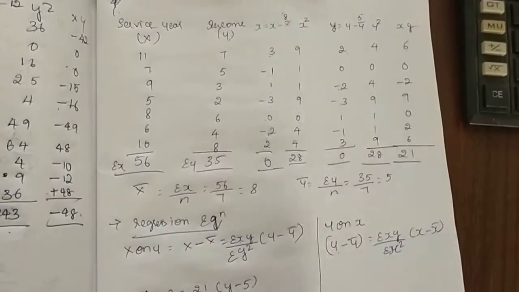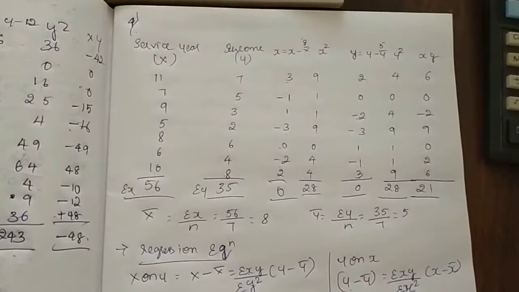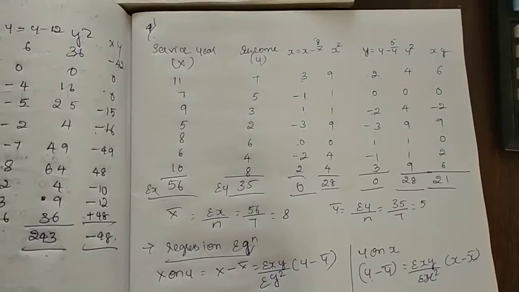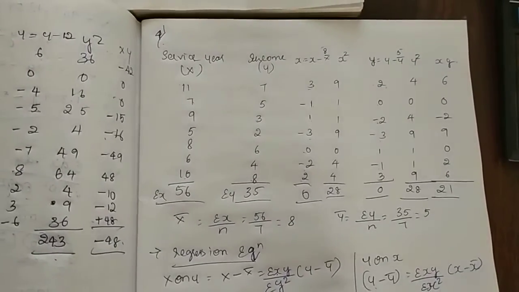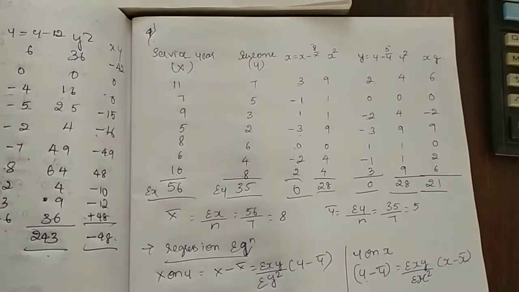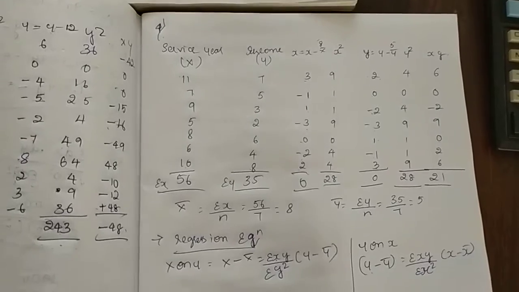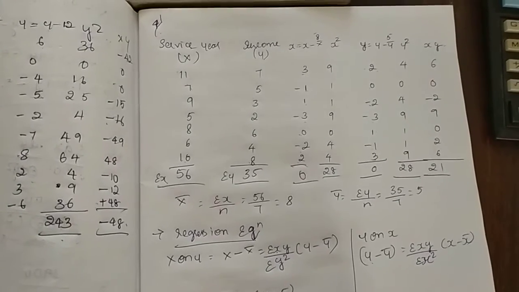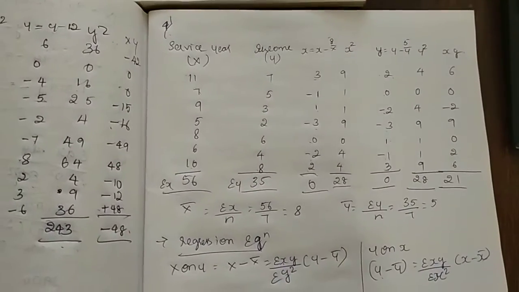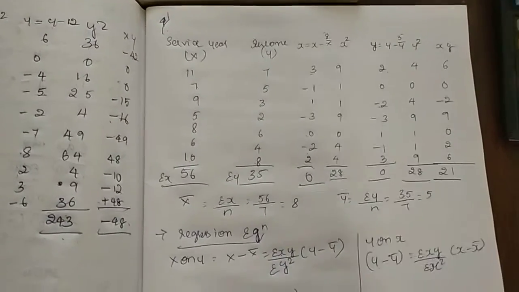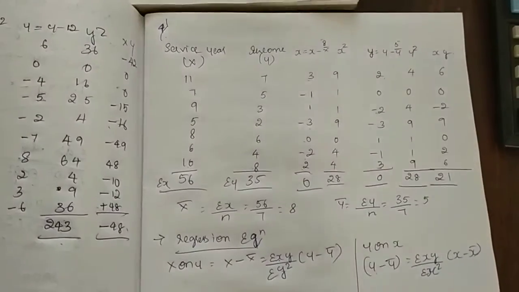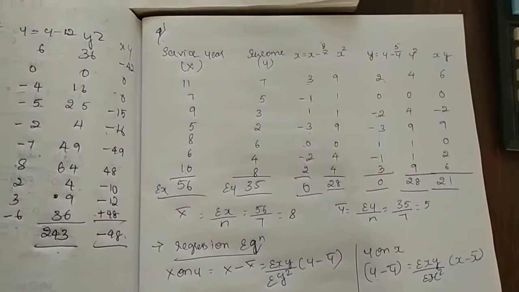So first we have to divide it. 21 divided by 28 is 0.75. X minus 8 is equal to 0.75 into Y minus 5. X minus 8 is equal to 0.75 Y minus 0.75 into 5, whose value is 3.75.